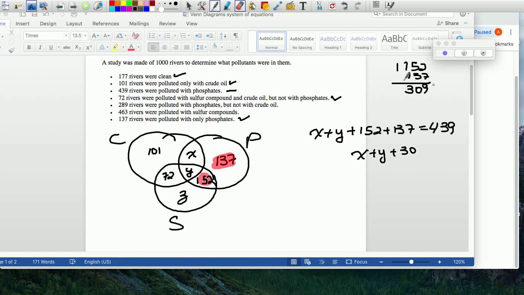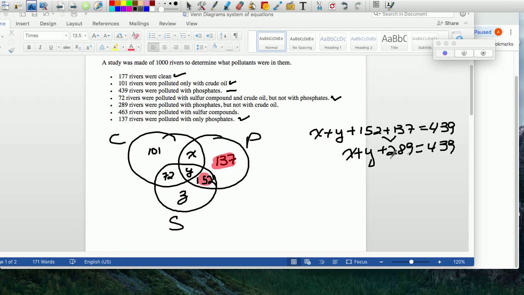No, I didn't add that right. Sorry. Let me go back to it. So, you know what? I'm just going to use a calculator. 152 plus 137 equals 289. So the sum of these two numbers is 289, and I'm going to get X plus Y plus 289 equals 463.